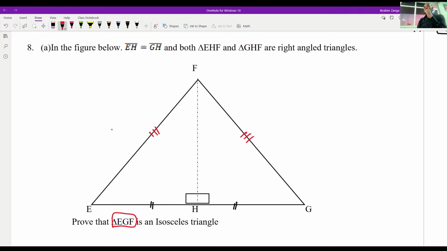So we are going to consider 2 triangles. First, we are going to prove that they are congruent triangles. So I'll be saying that we are supposed actually to prove that EF is equal to GF.